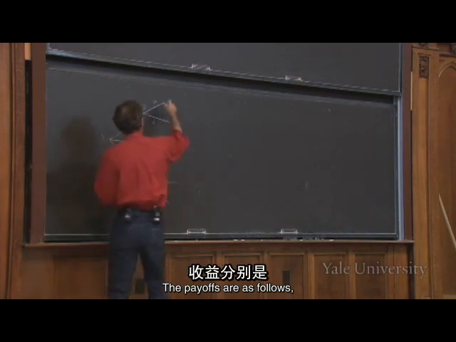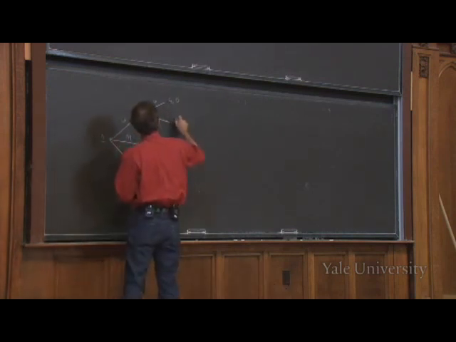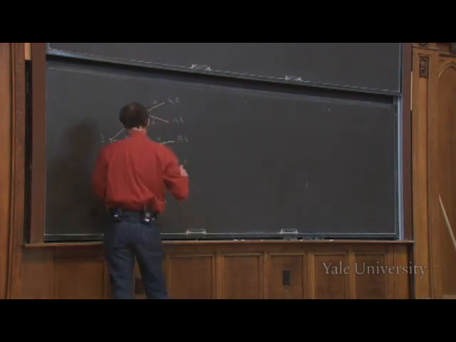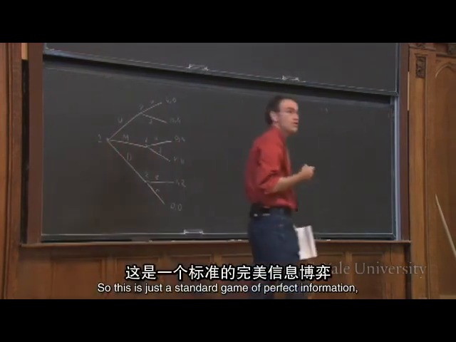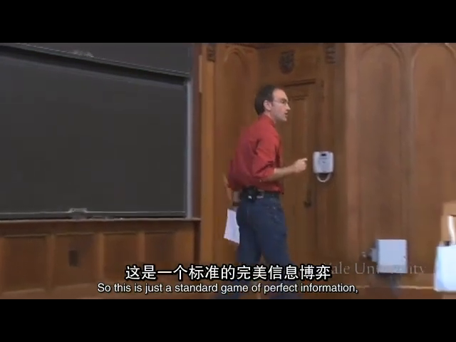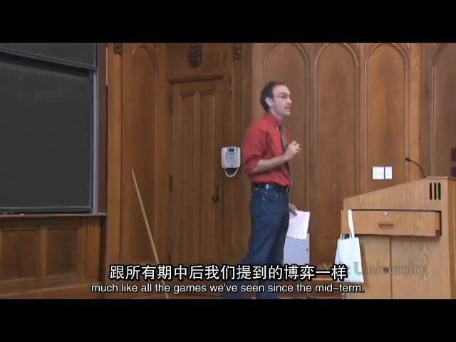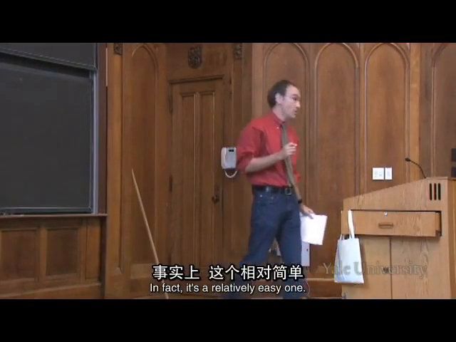The payoffs are as follows: 4, 0, 0, 4, 0, 4, 4, 0, 1, 2, 0, 0. This is just a standard game of perfect information, much like all the games we've seen since the midterm. In fact, it's a relatively easy one.